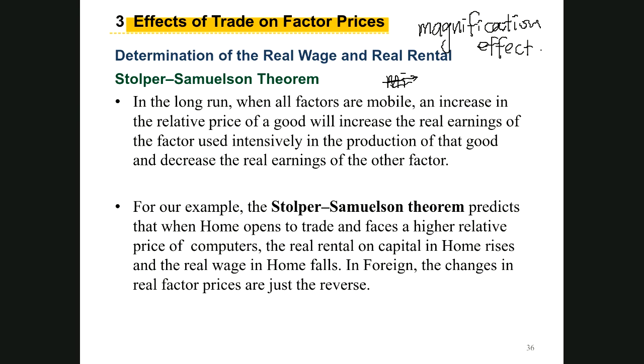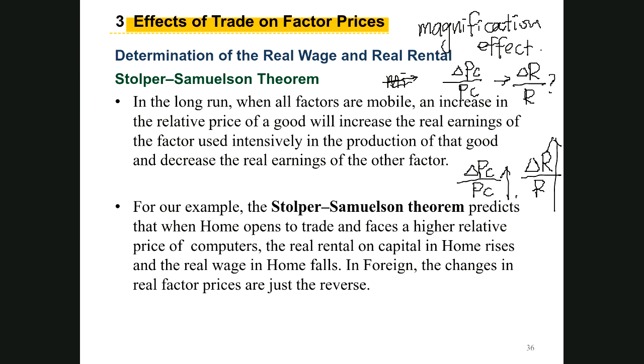We want to know, if the relative price of one of the goods changes, what happens to its factors, the price of the factors. And you will see if the price of the capital intensive good increases, the rental of the capital will increase more.